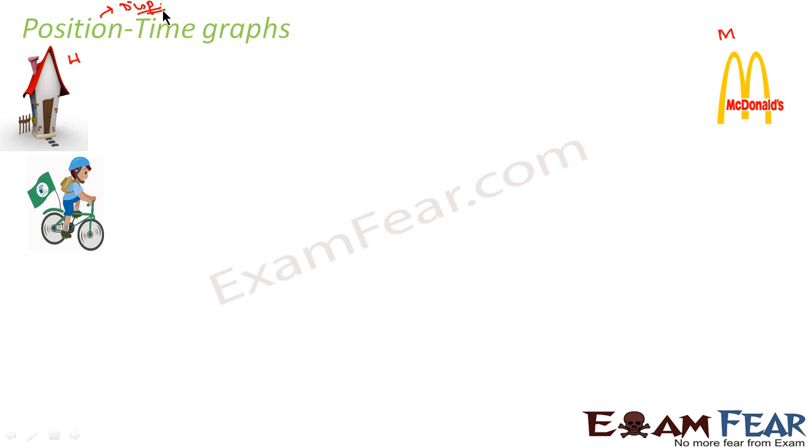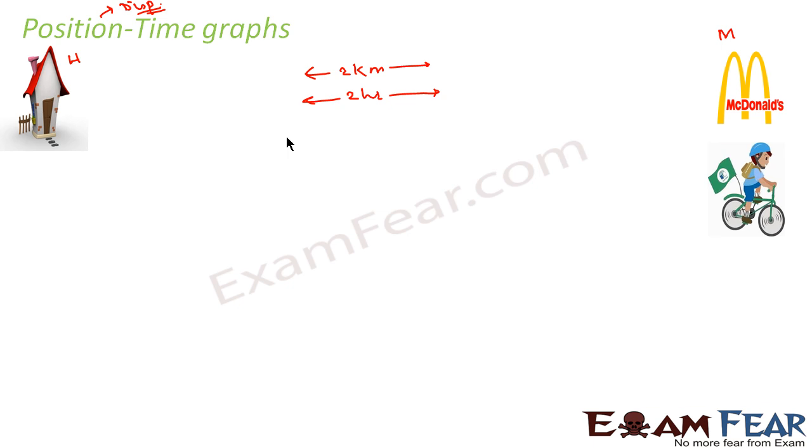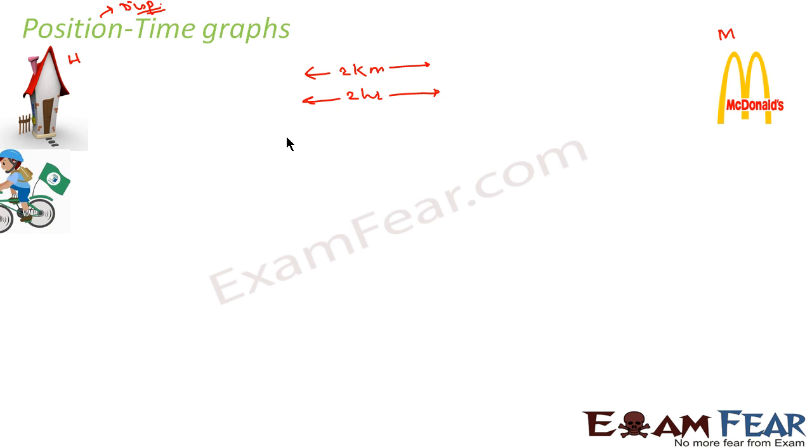Now even in this case, let us suppose all the data remains the same. The distance between his home and McDonald's is 2 kilometers. He takes 2 hours to cover these 2 kilometers. Now suppose Ronnie goes from his home to McDonald's and then again he comes back from McDonald's to home.